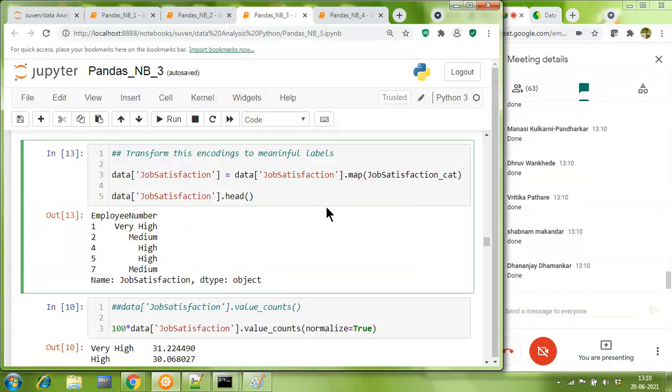Great. So I see a majority who says that it is done.